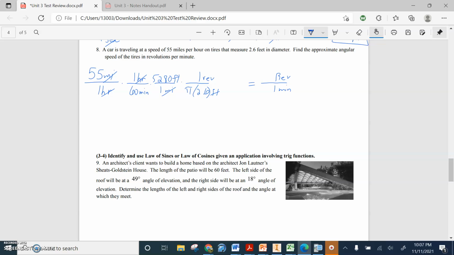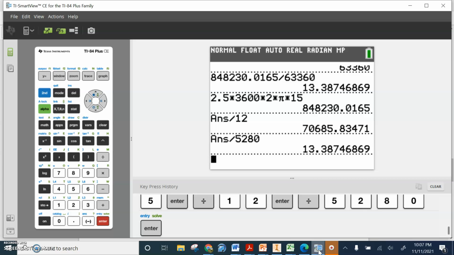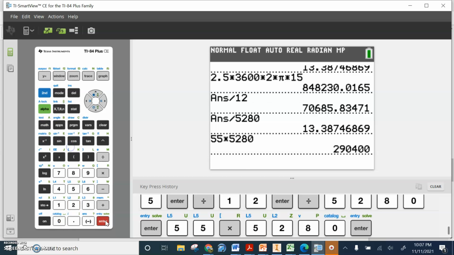So we've got the units canceling here. We have revolutions on top. We have minutes on bottom. All we need to do is multiply all the top numbers, figure out the bottom numbers, and divide. So let's do that. So 55 times 5280.